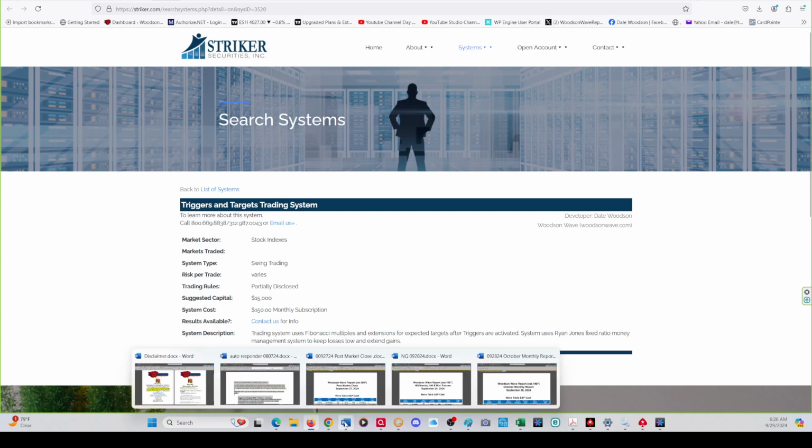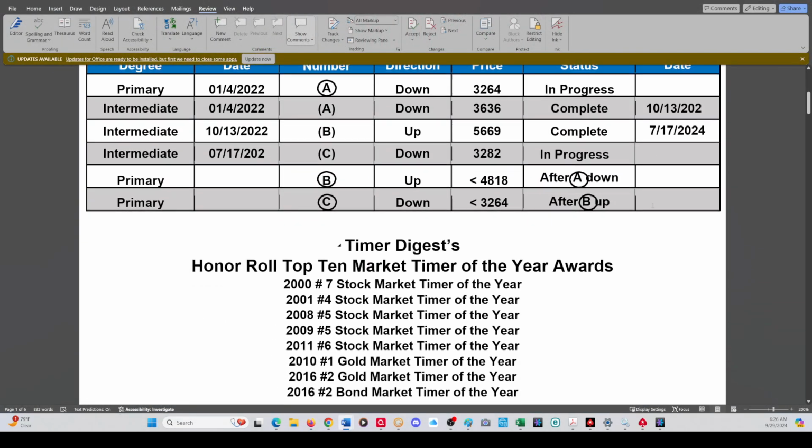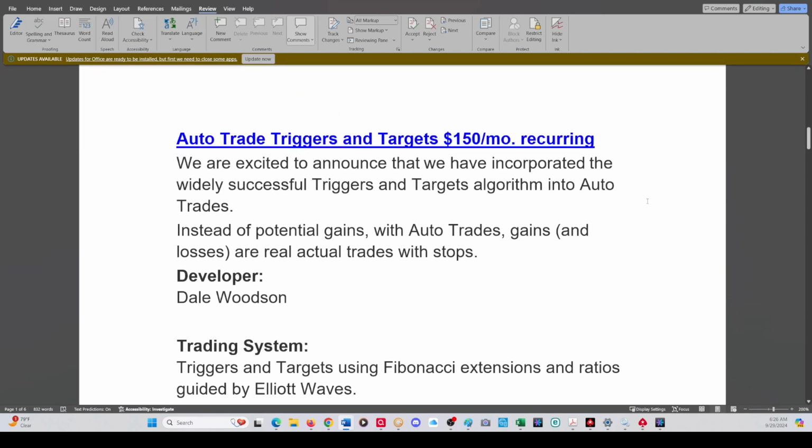Let me get back into that NASDAQ. Yeah, auto trade. We incorporated our algorithm into the auto trades. The triggers and targets was potential gains, but with auto trades it's real gains, real losses, real trades, and real stops.